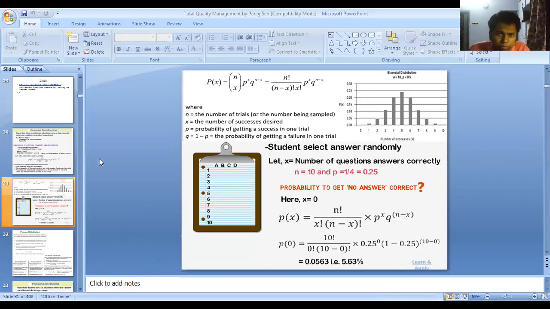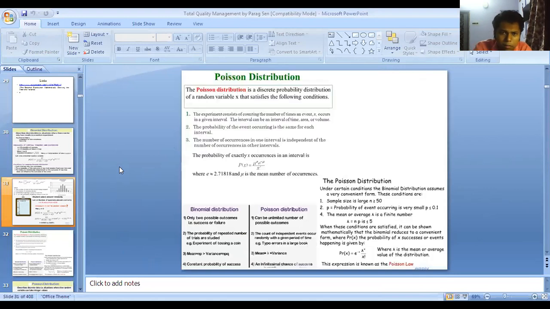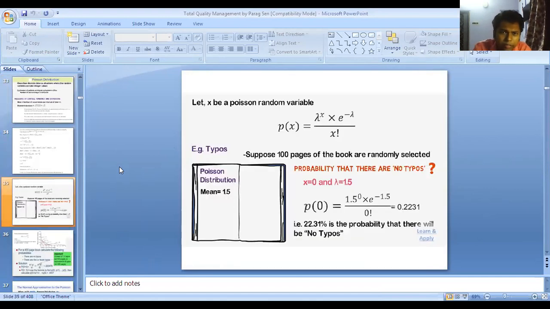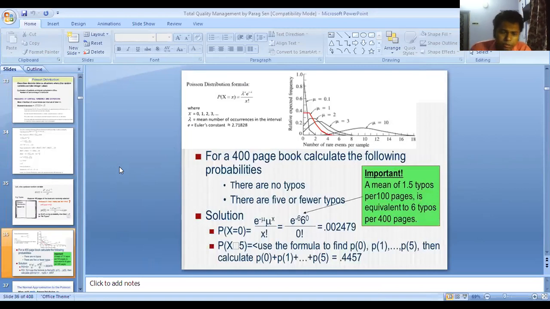In case of this Poisson distribution, you can see that the x-axis represents the number of rare events per sample. Here usually the sample size is very large, and out of a lot of samples you consider the number of rare events.